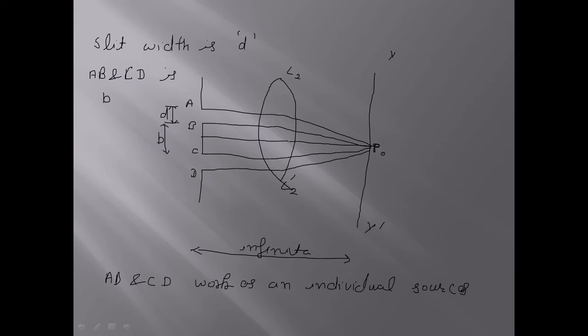When the plane wavefront reaches the slit, then all the secondary wavefronts travel in the direction of P naught at the center point of the principal axis on the screen. Central point.